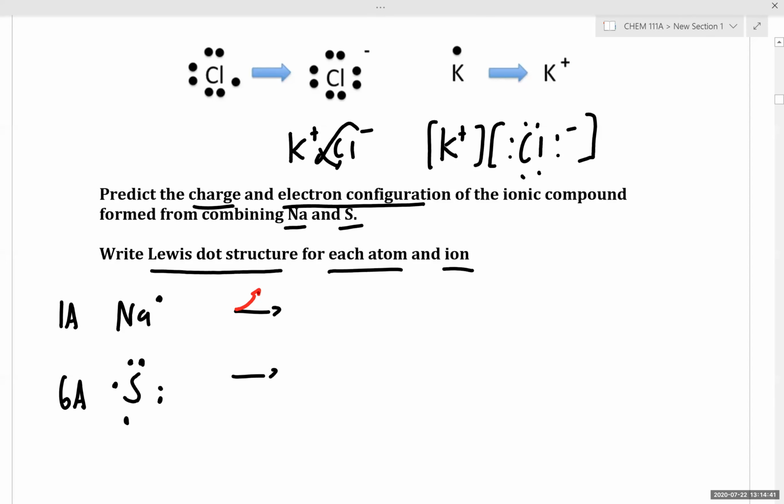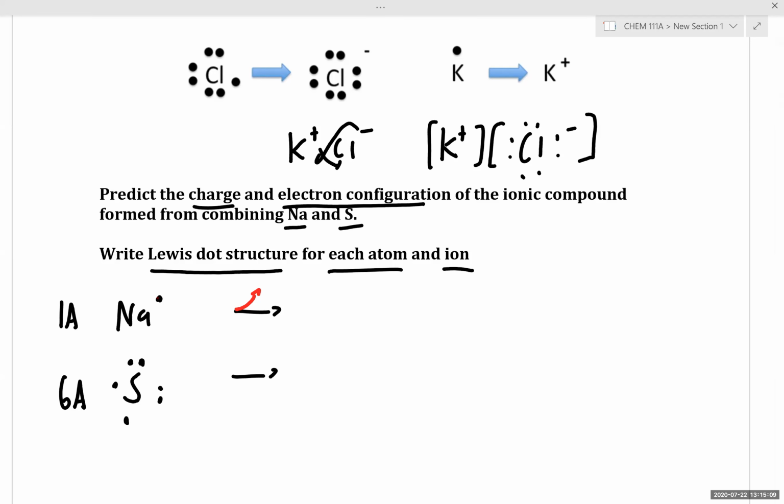To reach a noble gas configuration, does sodium want to gain or lose electrons? Sodium is a 1A metal. Would it prefer to gain or lose electrons? I would prefer to lose because it's easier to lose 1 electron rather than gain 7.